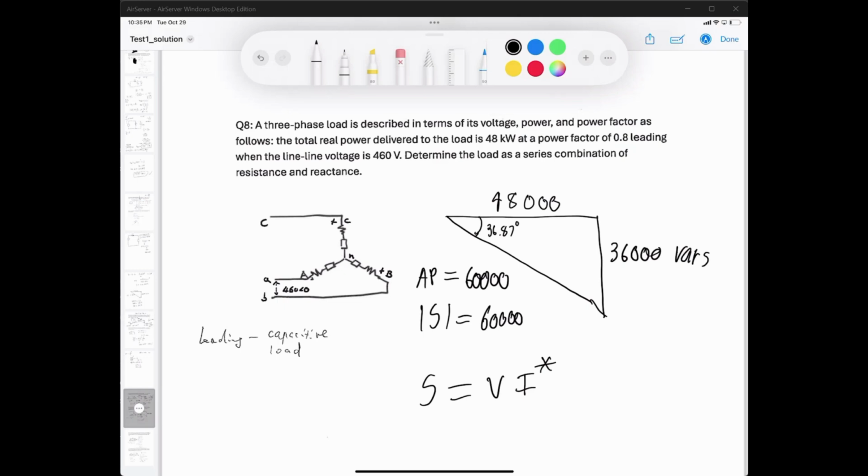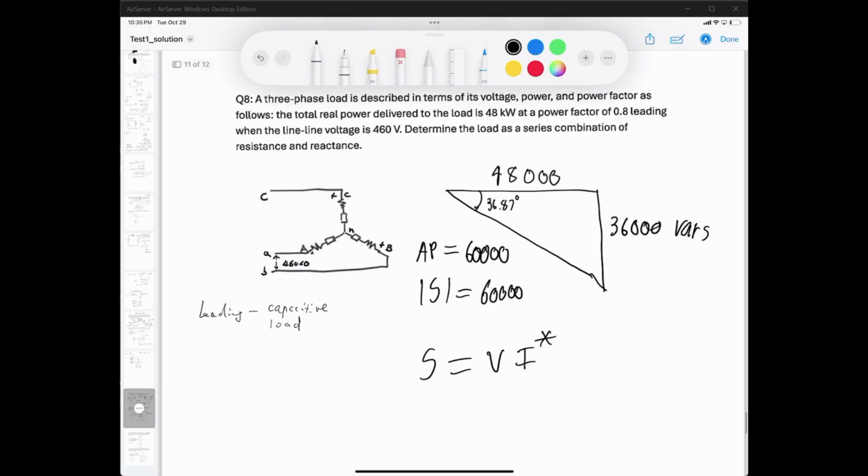If we want to look at a single load, going from line-to-line voltage to phase voltage, the voltage across a single load, we want to decrease 460 by a factor of root 3.